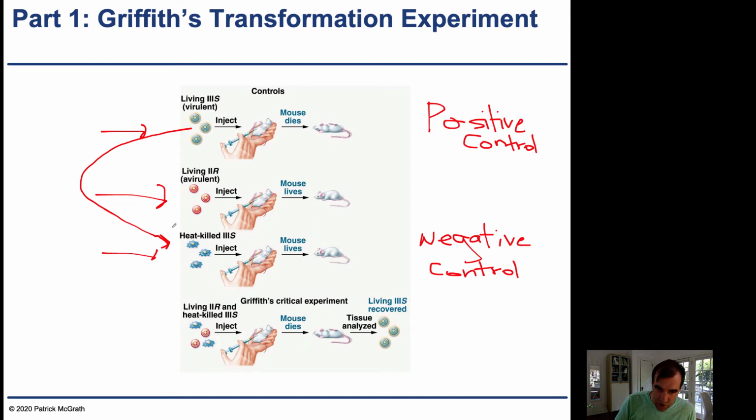If you put them at around 99 degrees Celsius, these bacteria will die. We inject those into the mouse and the mouse lives. So why is that important? Because it shows that there's not some sort of toxin in the bacteria that, if you just inject these cells and release the toxin into the mouse's bloodstream, the mouse will die. There's something about the bacteria being alive that is necessary to kill the mouse.